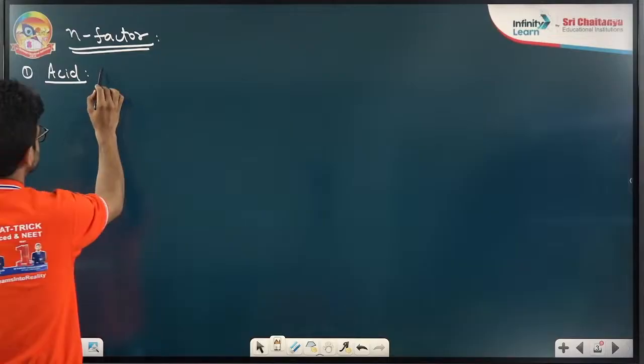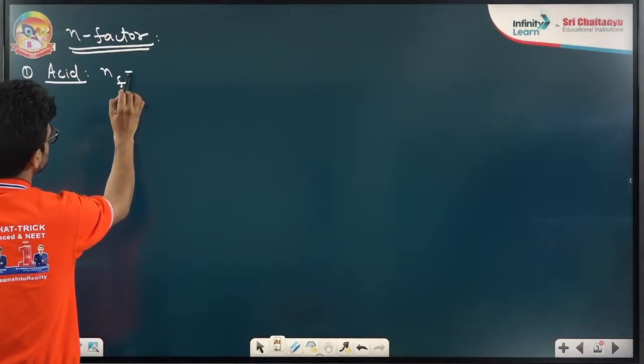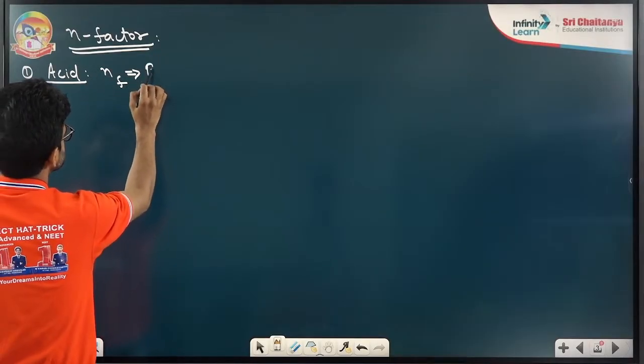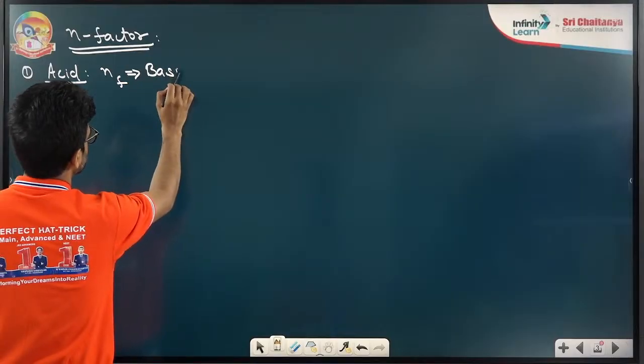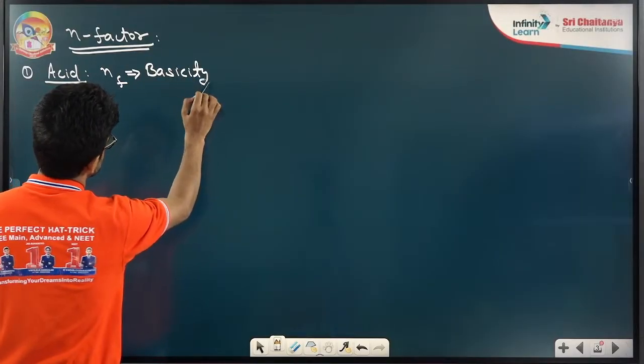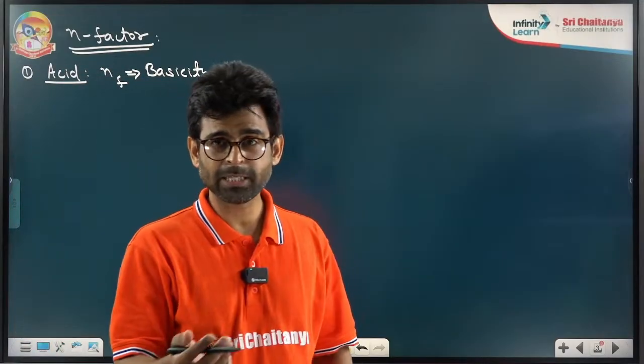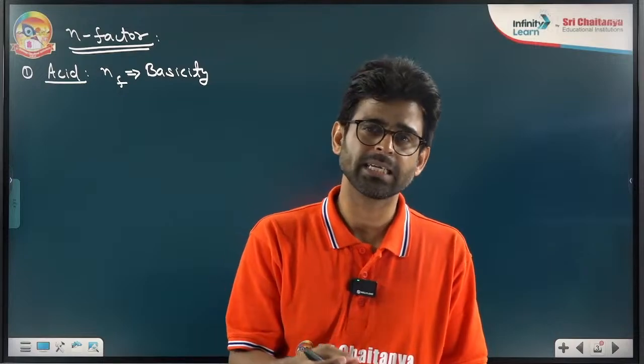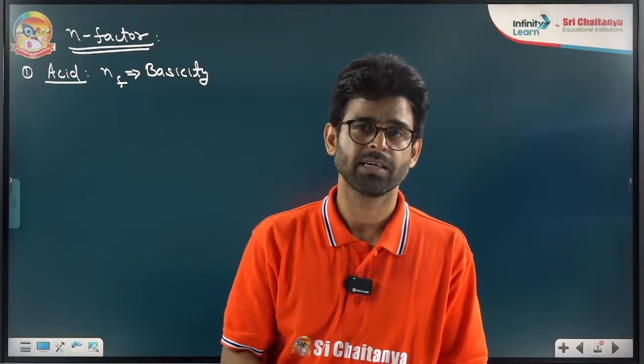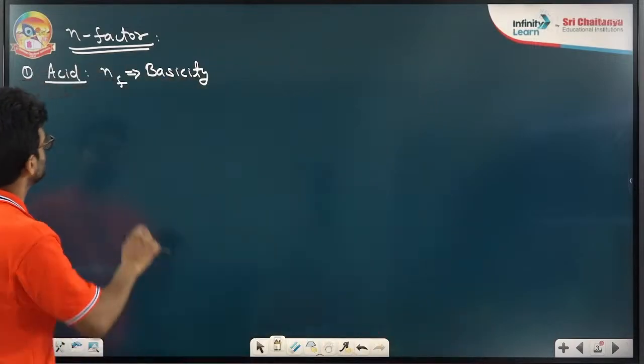So for acid, what is the n factor? N factor for acid is its basicity, right? The basicity of an acid is its n factor. What is basicity? How many H plus ions an acid can give is its n factor.